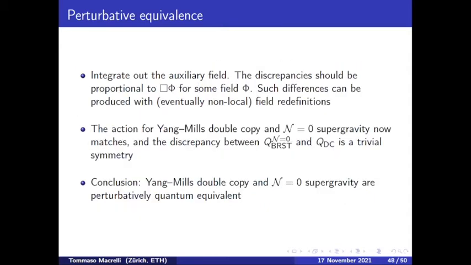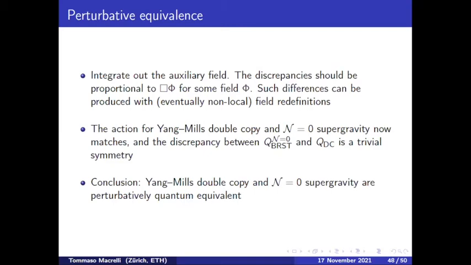Now, if we integrate out the auxiliary field, we have that the discrepancy between the two actions should be proportional to the equation of motion of the fields. This should not be visible on shell. Such differences, again, can be produced with eventually non-local field redefinitions. And so what we obtain is that the action for the double copy of Yang-Mills theory and the action of n equals 0 supergravity now match.